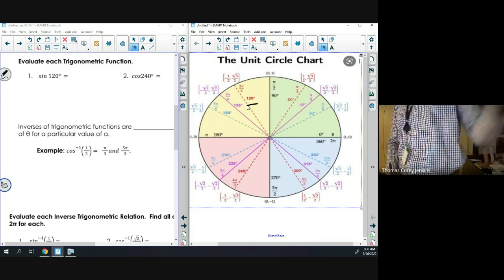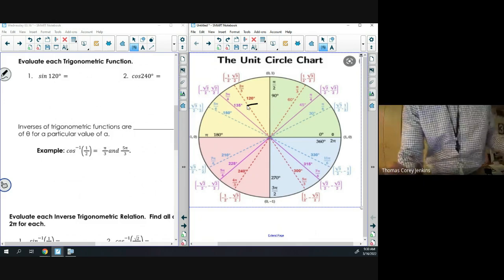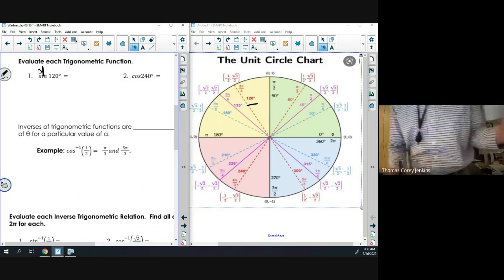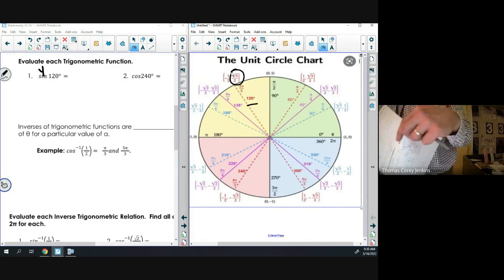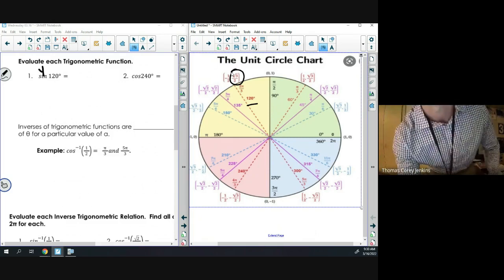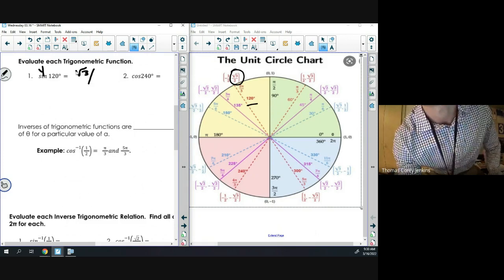Anybody remember which one it is? Y, very good. So the y value at that angle measure is sine of 120, right? So square root of 3 over 2.